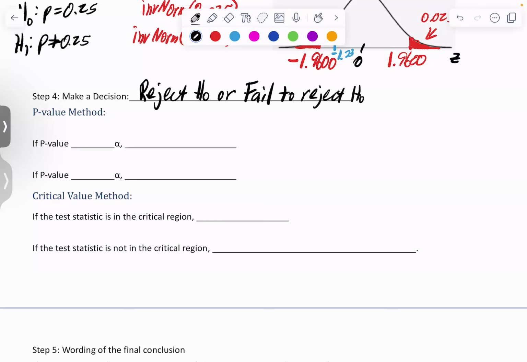And here is our interpretation. If the p-value is less than the alpha, then we reject the null hypothesis. If the p-value is bigger than alpha, then we fail to reject the null hypothesis.